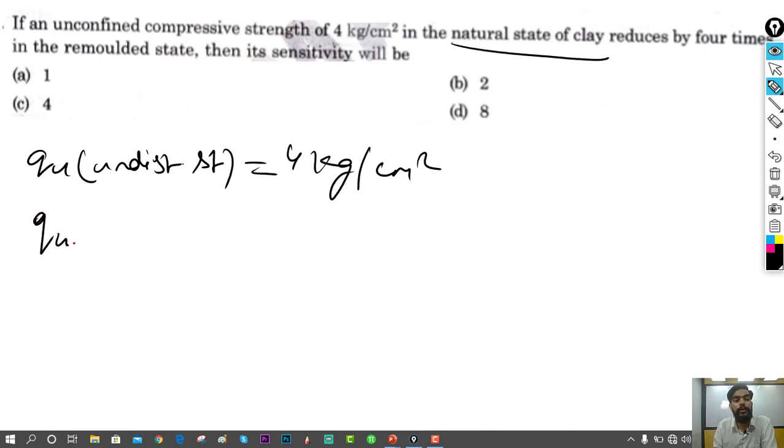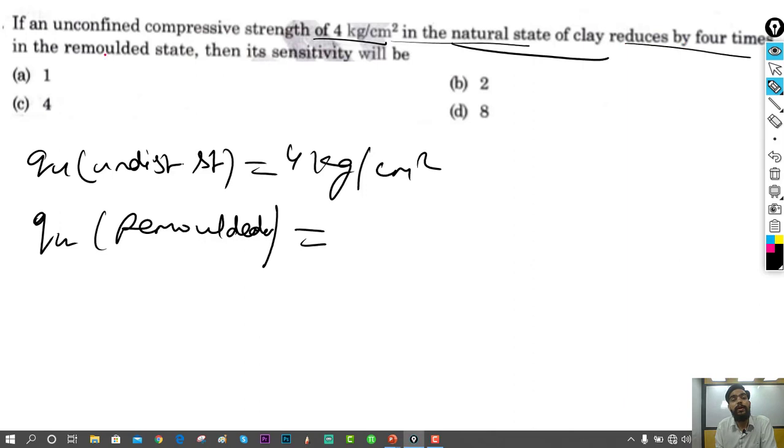The remolded strength of clay reduces by 4 times in its remolded state. It is the strength of soil in the natural state, and it reduces by 4 times in the remolded state. So in the remolded state the strength of the soil reduces by 4 times, which means we have to divide this value by 4.